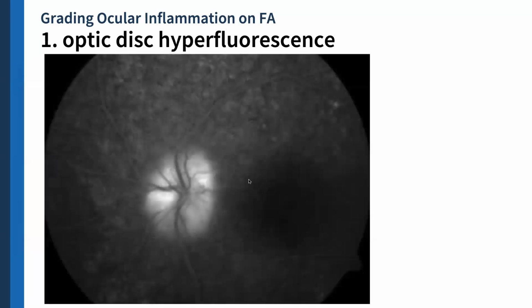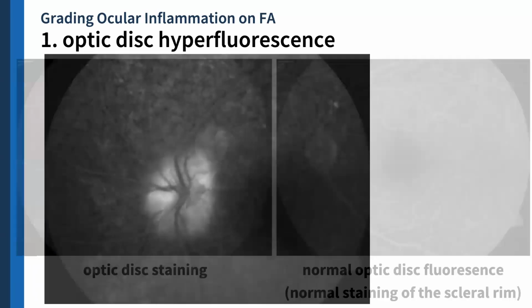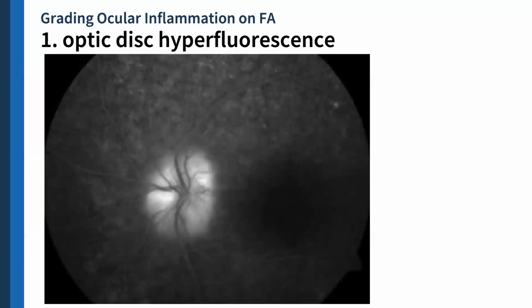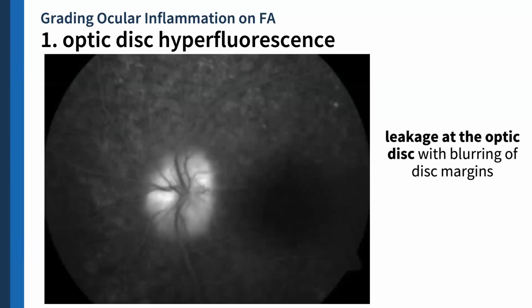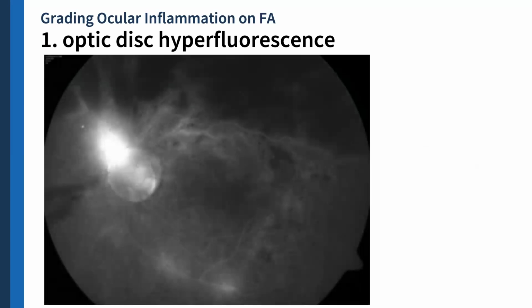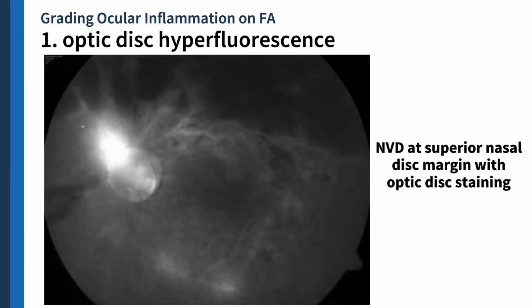Okay? So, yung inflammation in the disc, pwedeng ganun lang, staining. It can also be like this. So, when there's obvious optic disc leakage, with blurring of the disc margins. And this is to be differentiated from neovascularization at the disc.